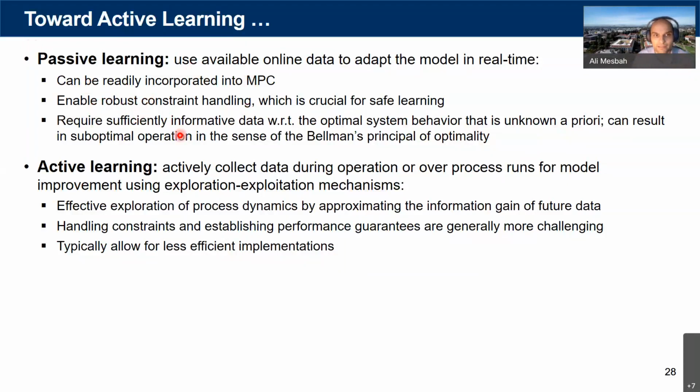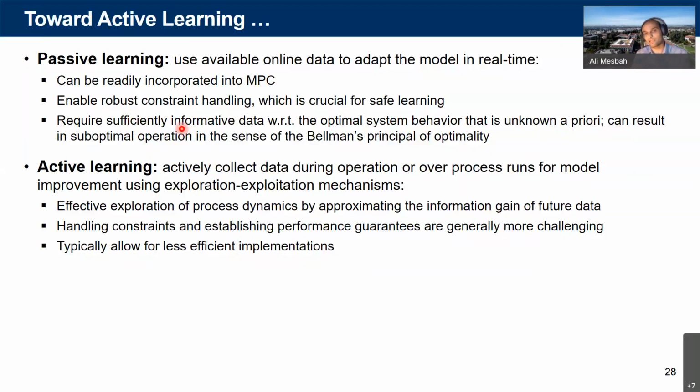But on the other hand, here we are making a big assumption, and the assumption is this available data is sufficiently informative, right? And this may not always be the case. So really, this closed-loop data, this real-time data, in the absence of any active learning mechanism, may not be informative to learn the best models.